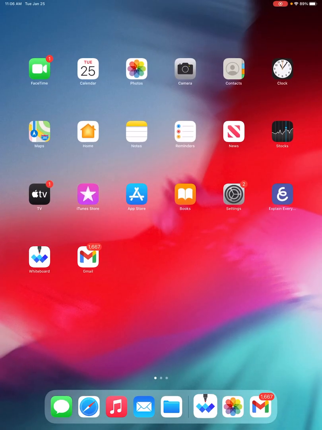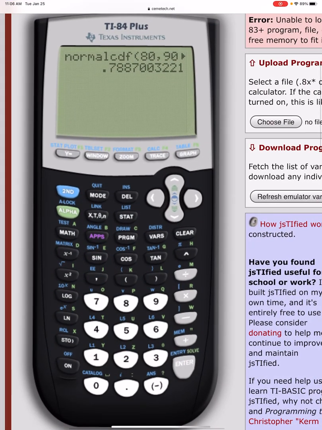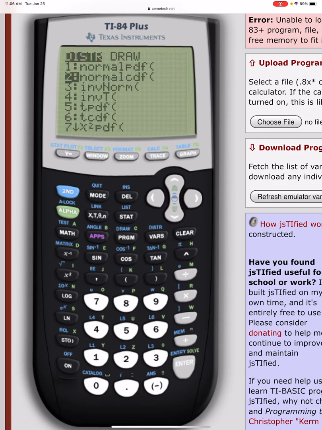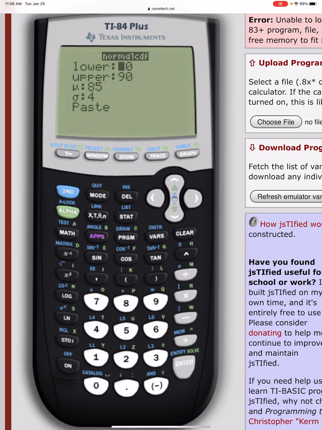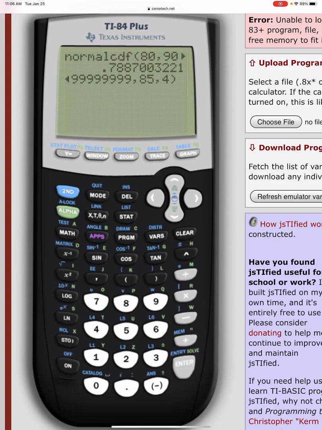However, when I go to put it into my calculator, and I go second vars, normal CDF, I am starting here at 92, and I want to go on to infinity. There is no infinity button on our calculator here, so we're just going to hit a bunch of 9s to indicate it's a really big number, and then hit paste.